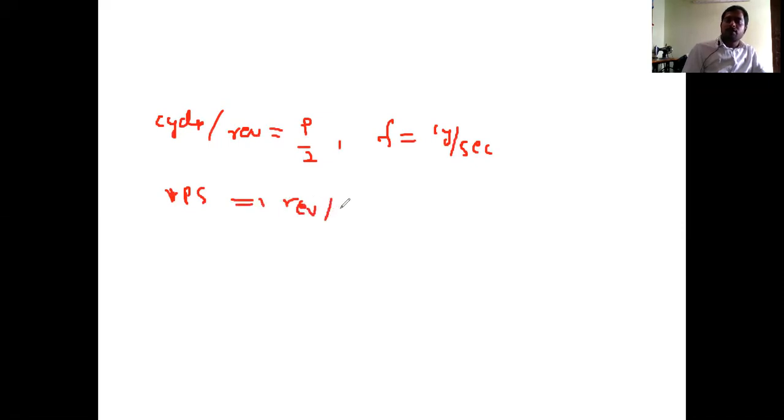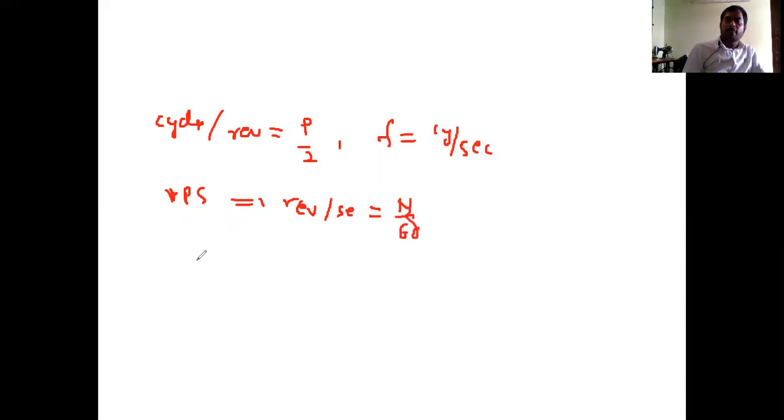Cycles per revolution is equal to P by 2, and the induced EMF frequency is nothing but cycles per second. Revolution per second is equal to N by 60.